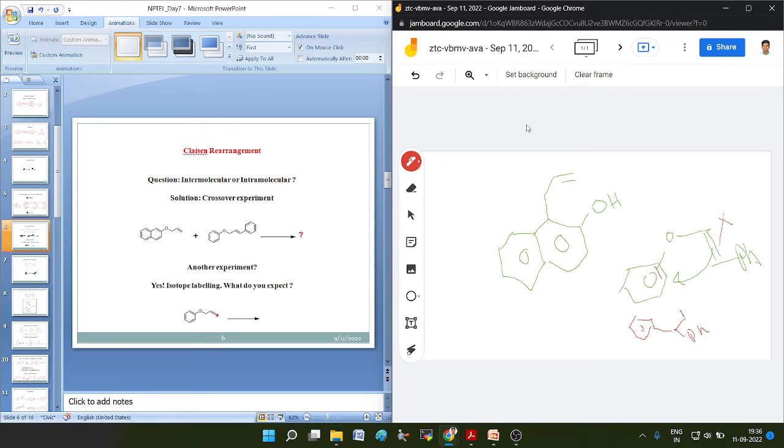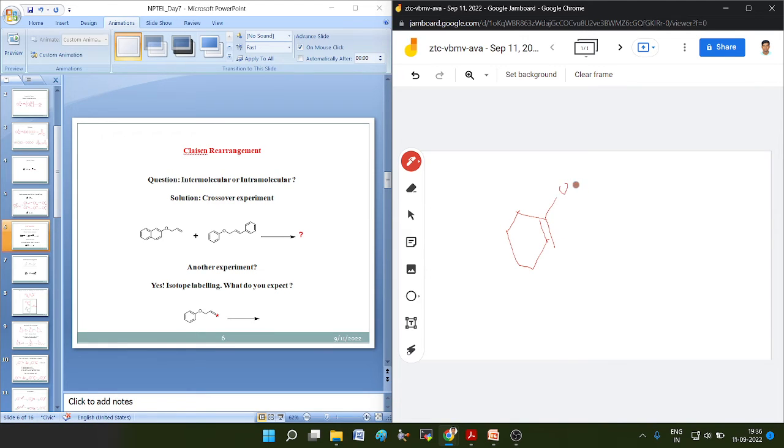Let me do it in a new frame. That reactant I have drawn improperly. So I have O, I need a CH2 and then the double bond, then Ph. Now it will be clear. Now it makes sense actually.